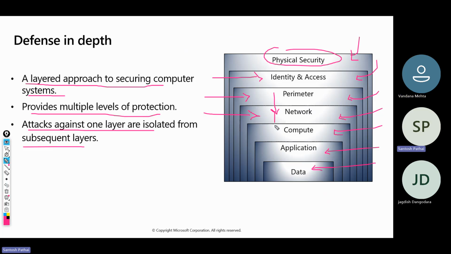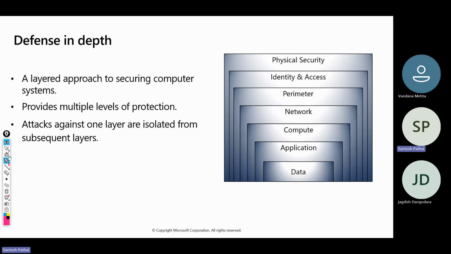Once inside the LAN, it will be validated whether the user has access to the compute resource or not. If yes, they will land on the application. If they have access to the application, they will be granted, or else they will be denied. Then the access for data validation will happen: what kind of access they have on the data of that application. So this is the defense in depth concept which we generally try to apply in most enterprise organizations.